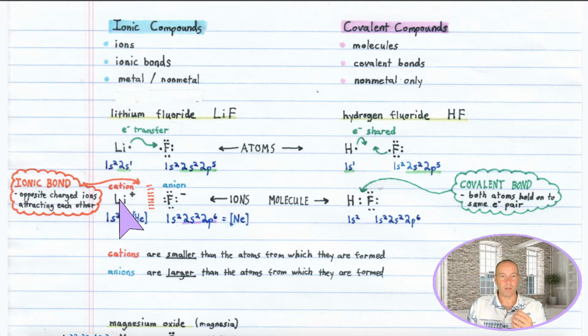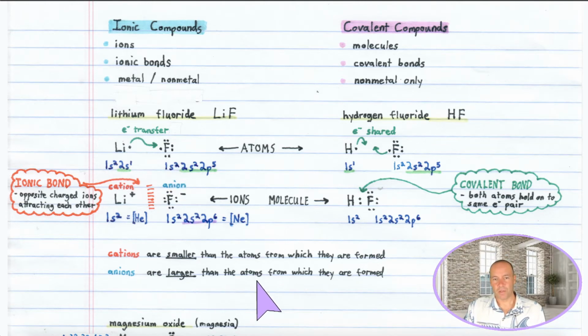You see, lithium's nucleus hasn't changed. It has 3 protons. And after it loses an electron, it's able to draw in the electron cloud even closer. You have less electrons than protons, so the larger positive charge pulls in the electron cloud even closer, so the cation is smaller.